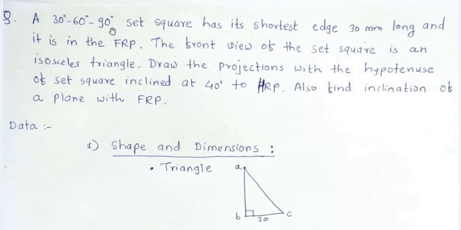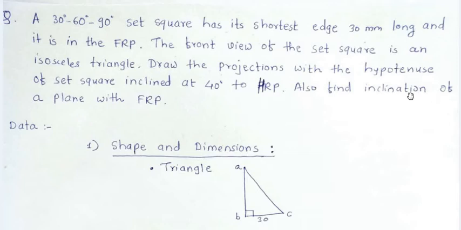A 30 degree, 60 degree, 90 degree set square has its shortest edge 30 mm long, and it is in the FRP. The front view of the set square is an isosceles triangle. Draw the projections with the hypotenuse of the set square inclined at 40 degrees to HRP.